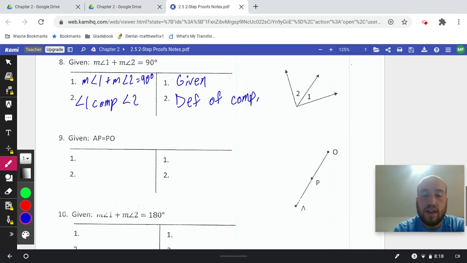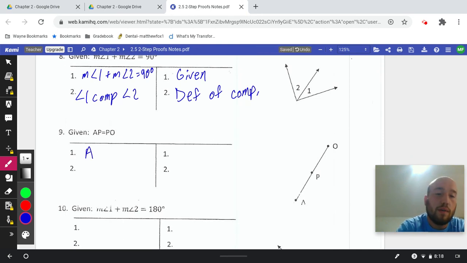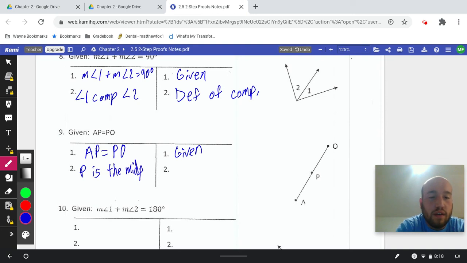Number 9, if AP is equal to PO, then that's our given. Hopefully you know if those two are equal, that means P is the midpoint. And once again, our reason is just definition of midpoint.